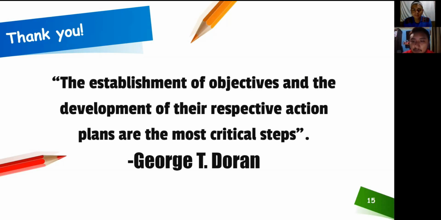Yeah. So here at the last slide, we have a little quote from George T. Doran, who is the author of these criteria. At the bottom of every single slide that we went through, you have the resource where all this knowledge comes from: the different pages that we researched on the internet and the different resources that we have.